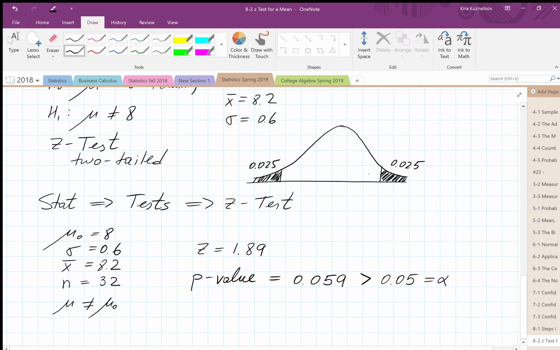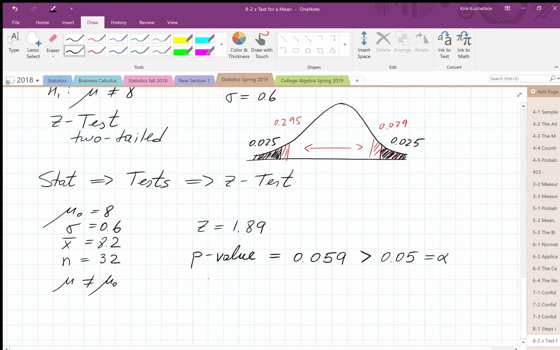This will give you the size of each tail, basically. So the p-value is the size of the tail. If you have to split it into two pieces, then each piece is going to be 0.0295. And notice that it falls into the non-critical region. So if the p-value is greater than the alpha, you do not reject the null hypothesis.